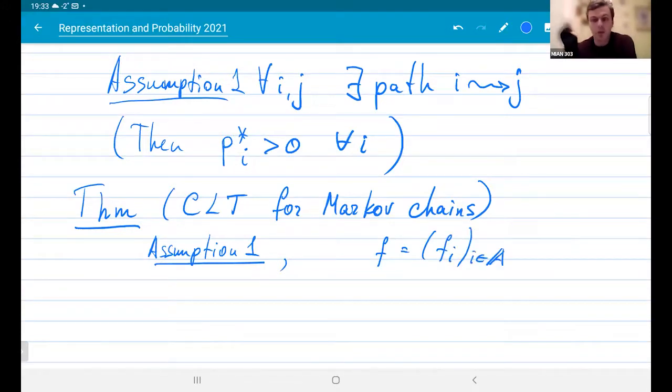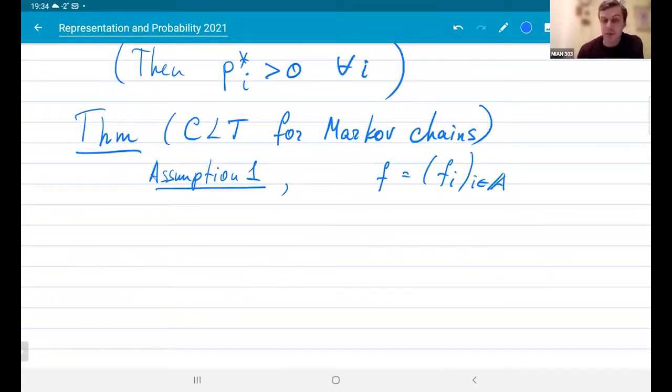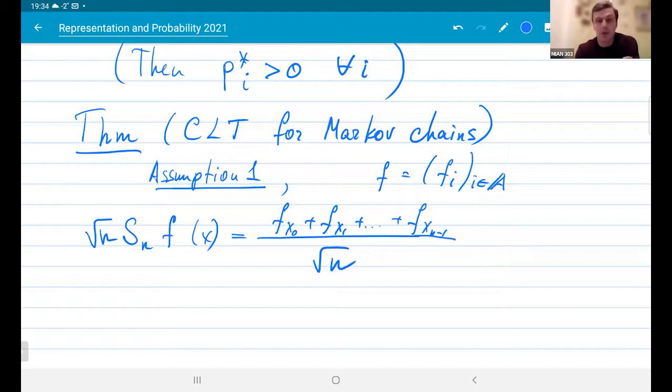So to any state we assign some value of our function, and then we can consider again S_n f of x, and we can consider these random variables.